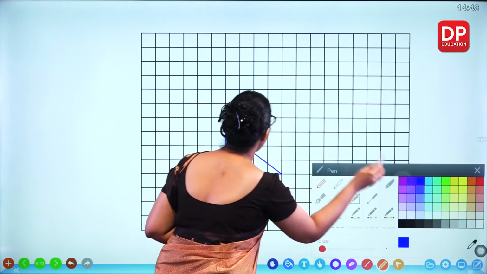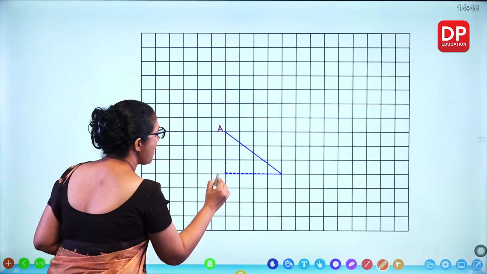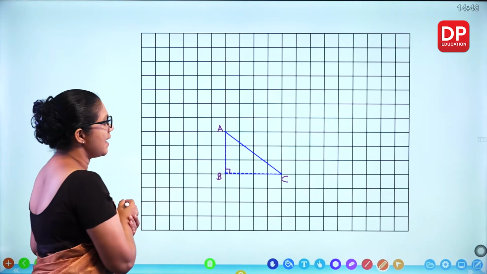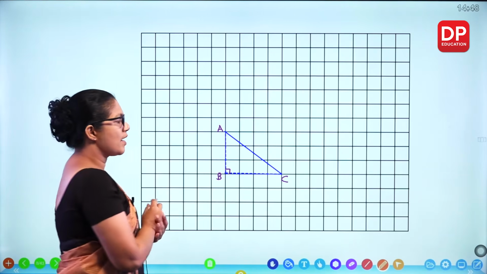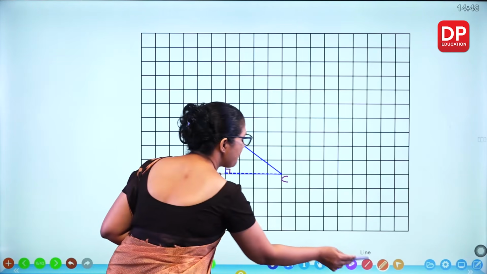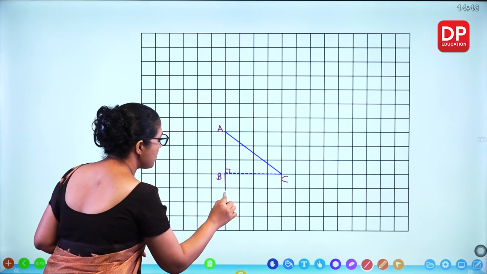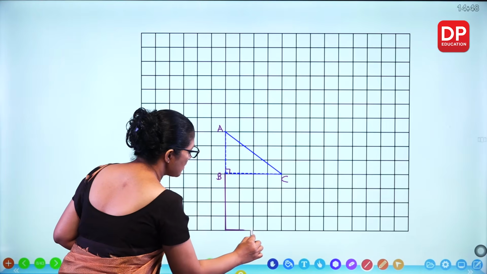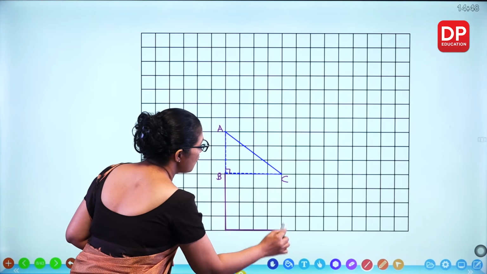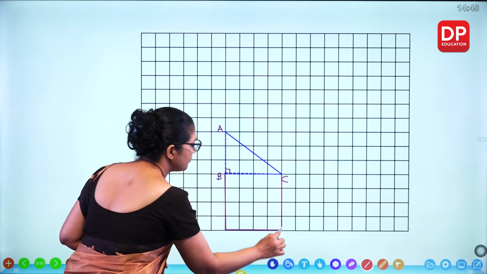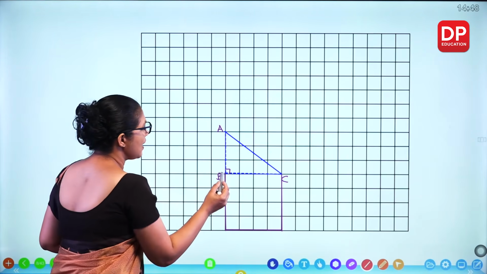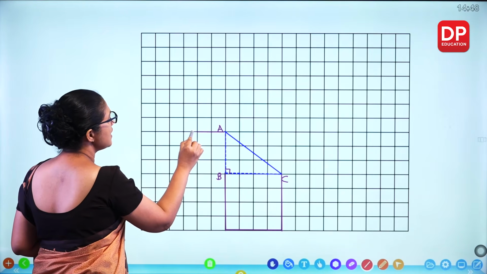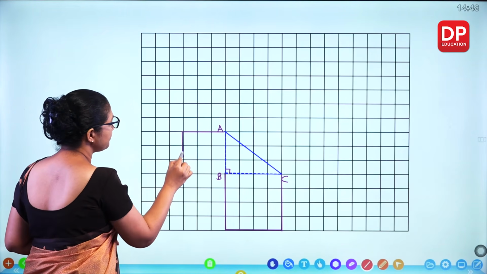I'm taking this one as A, B, C. This is a 90-degree angle. So this is 4 squares, 3 squares. What's the area on BC side? I'm getting 1, 2, 3, 4, so here a square 4 by 4. And here what's the area on AB? This is 3 length, so I'm getting a 3 by 3 square.